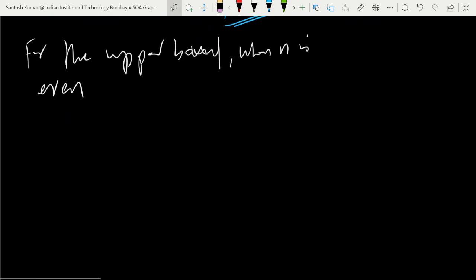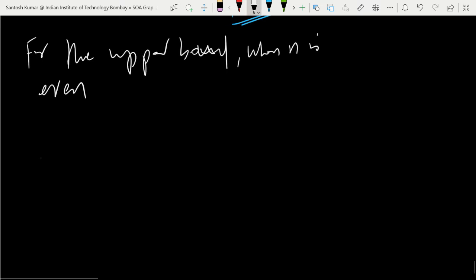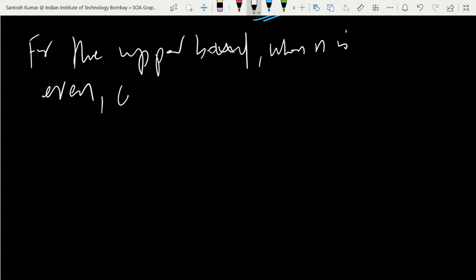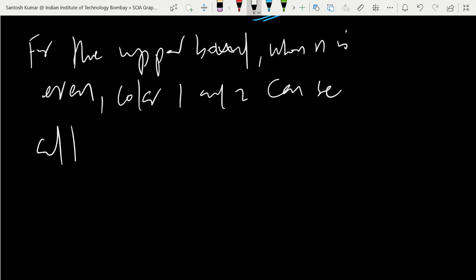So for the upper bound, when n is even, colors 1 and 2 can alternate. Like for C4 you can take 1 2 1 2.